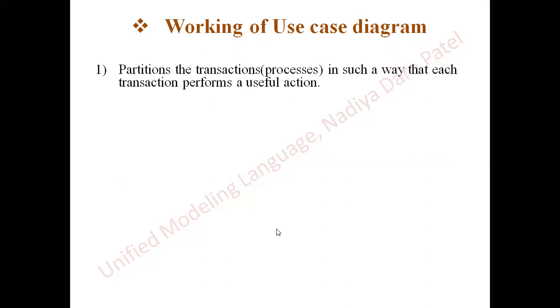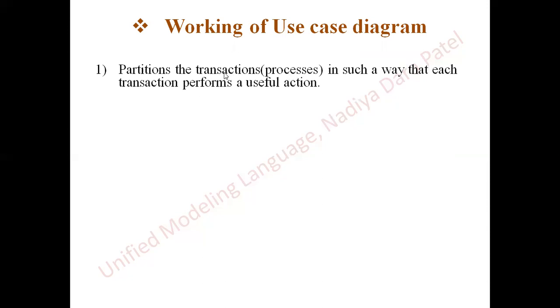Now let us go through the working of use case diagram. Use case diagram partitions the transactions, or you can say processes, in such a way that each transaction performs a useful action. Now let us go through the words. The first word was use case diagram contains use cases. Use cases were also known as processes, and now we are using the word transaction.